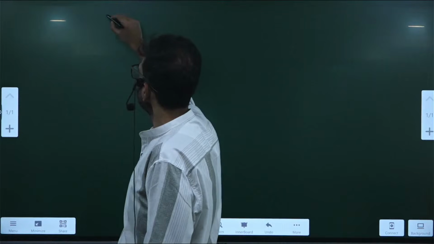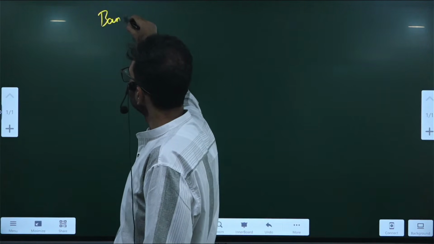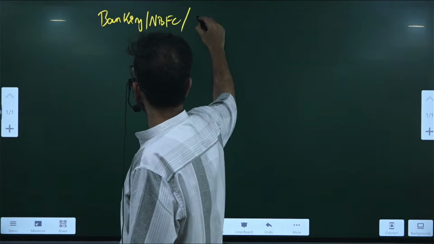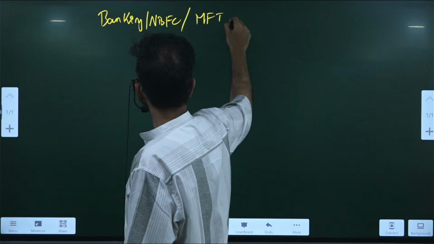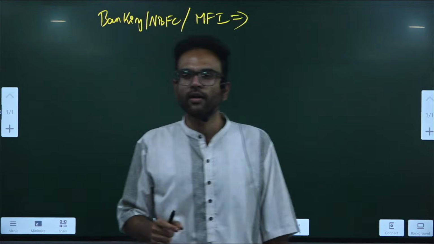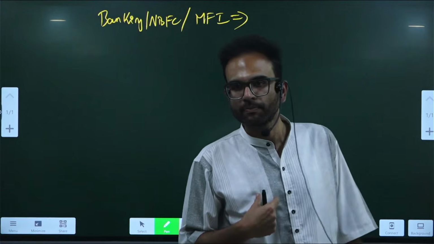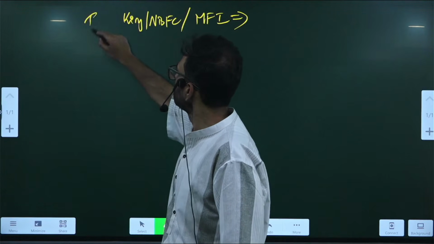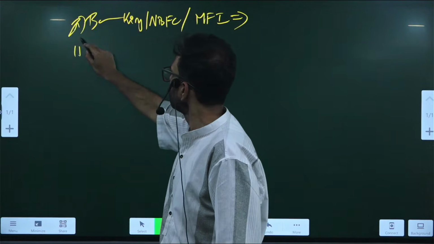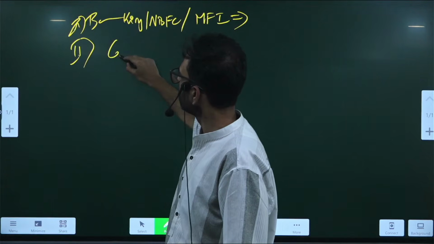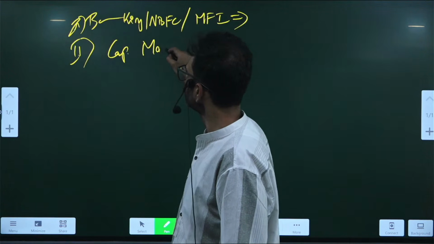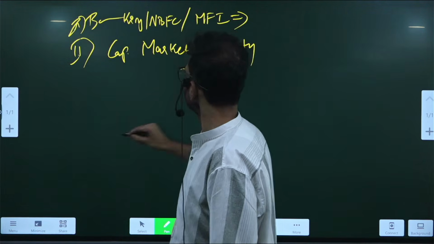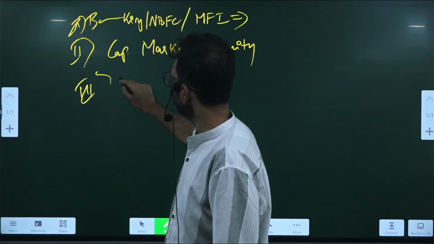So we were talking about banking and non-banking and the microfinance industry as a source of our capital. The second segment that I want you to look at is the capital market, that is equity. Third is the bond market.